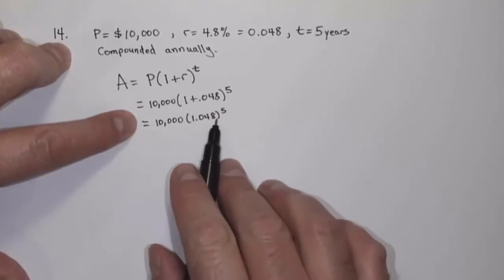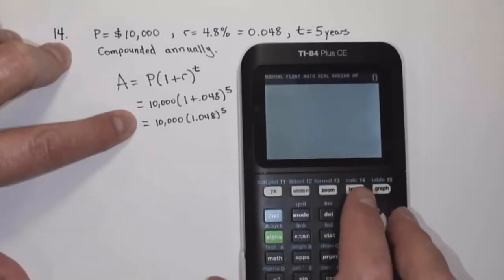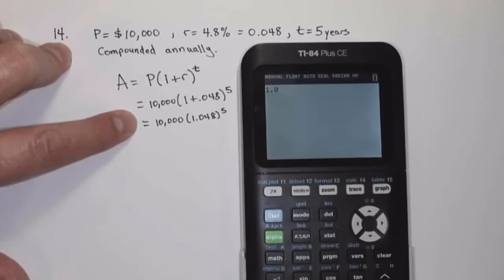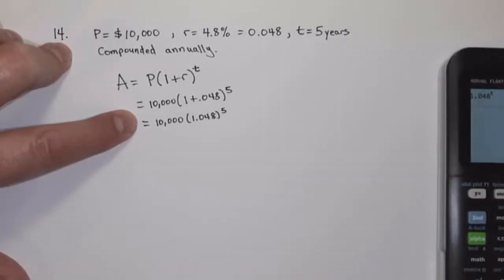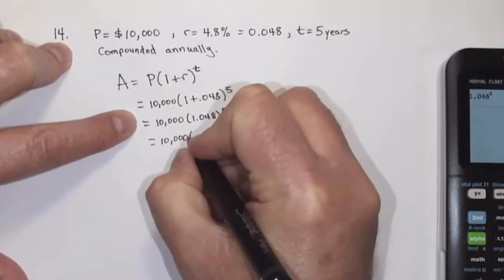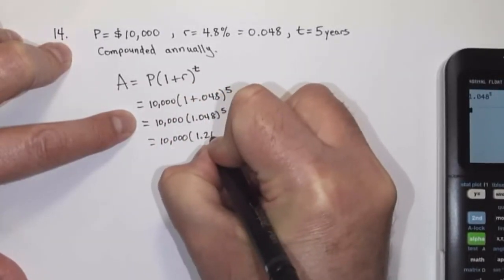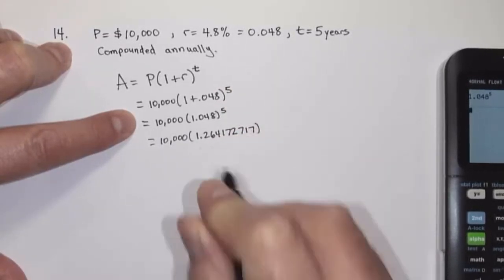Now if we take 1.048 and raise that to the 5th power, let me use my calculator here, 1.048 raised to the 5th power is 1.2641172717. So I have 10,000 times 1.264172717.